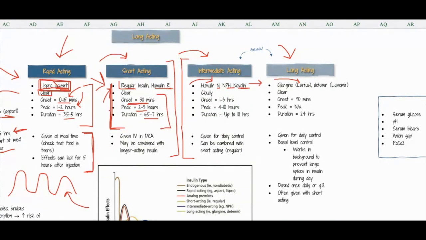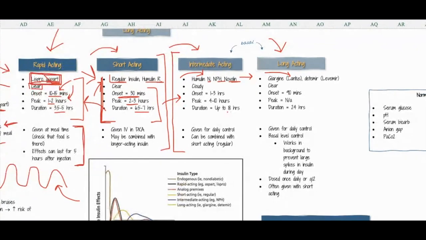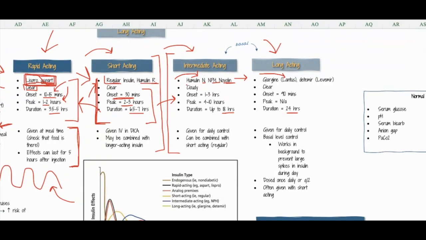And then I know that if it's aspart, it's going to be a lot quicker. And these intermediates and long actings are really easy to recognize because they're really long acting, like 18 hours or 24 hours. You're never going to see a regular insulin that's going to last that long, 7-8 hours top. So again, your intermediate is going to be Humulin N, NPH, Novolin.